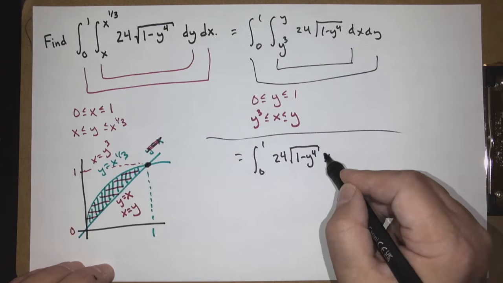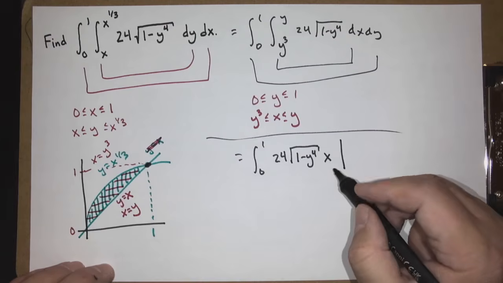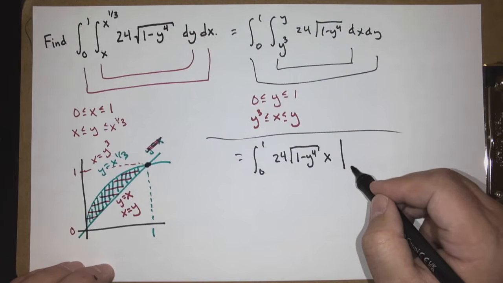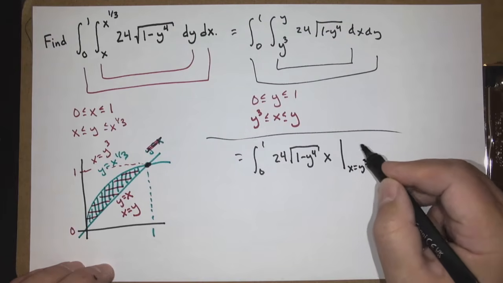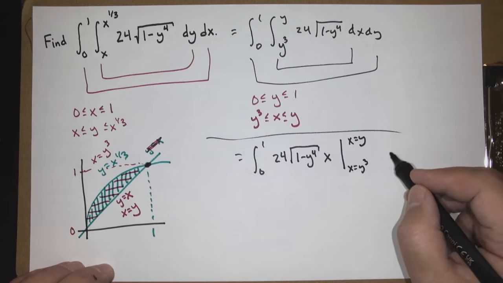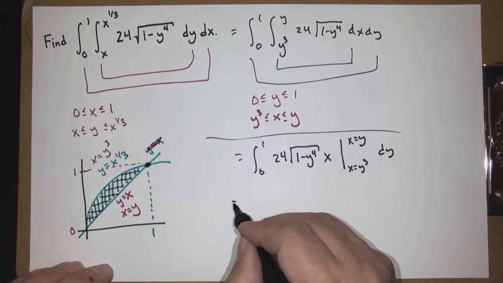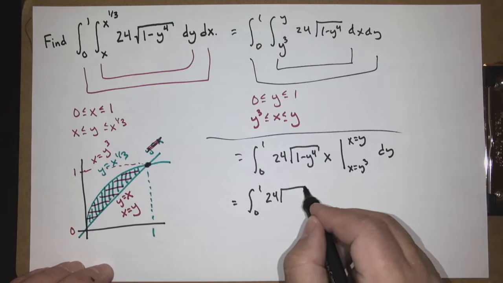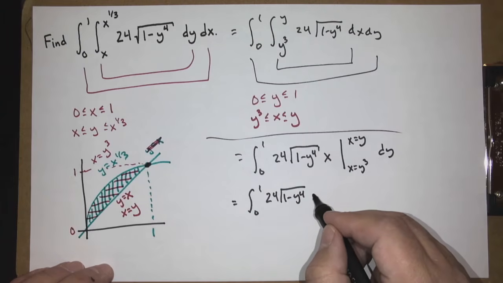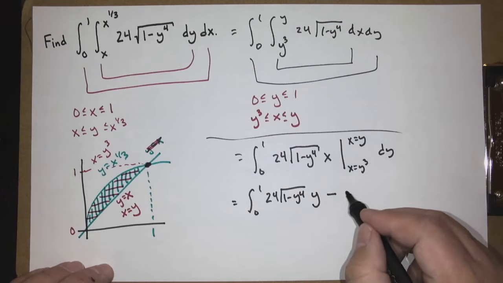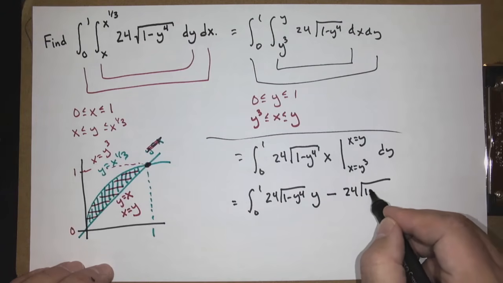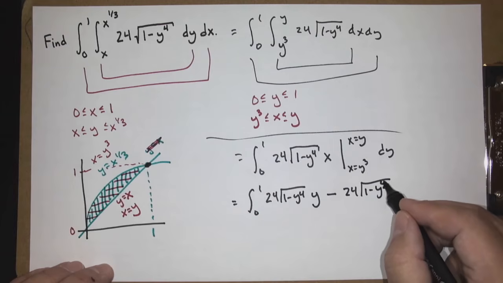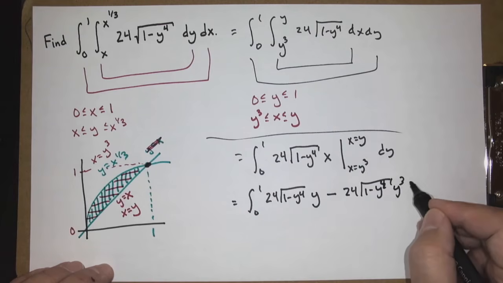So we just get an x for free, right? Constant x. Evaluate from x equals y cubed to x equals y. Equals the integral from 0 to 1, 24 square root of 1 minus y to the 4th times y minus 24 square root of 1 minus y to the 4th, y cubed.